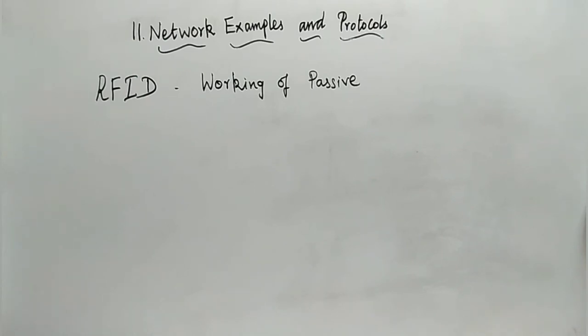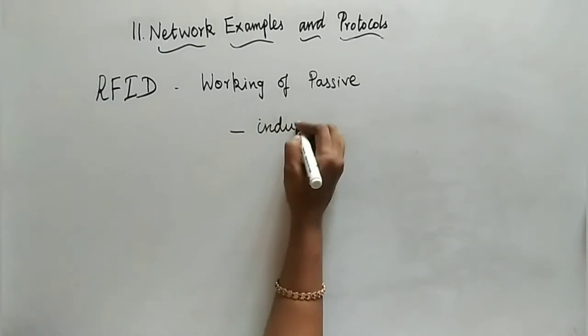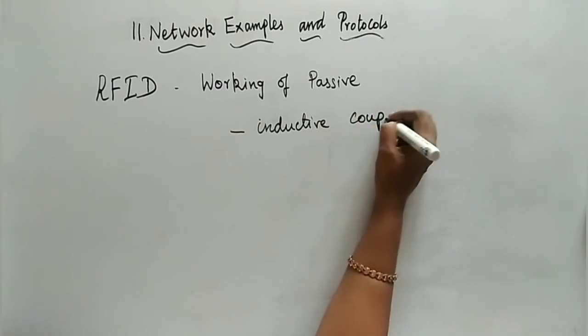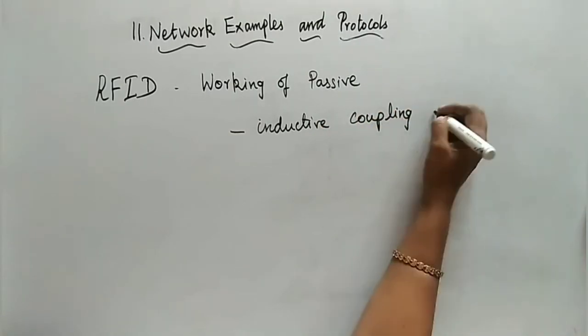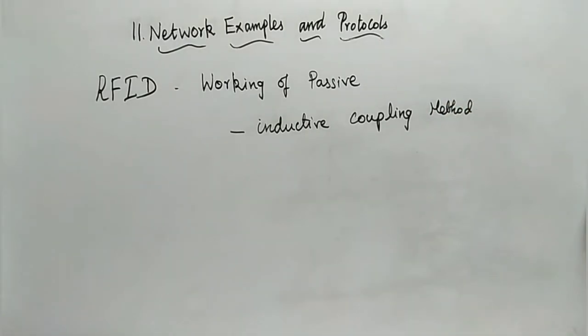By which method is the power generated? By means of the inductive coupling method. By this method it generates power, and that power is received by the passive RFID tag. So what do we mean by the inductive coupling method?